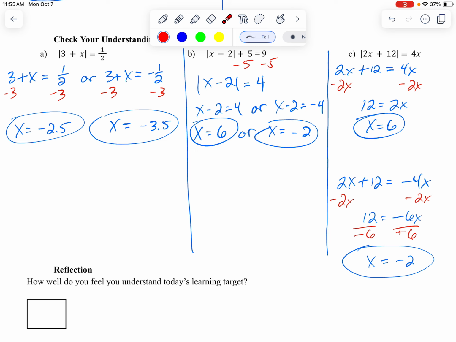And this can't be true, right? If this is the absolute value of something, it has to be a positive number. 4 times negative 2 would be negative 8. So this solution down here does not work. Okay, this would only have one solution. And it would be x equals positive 6.